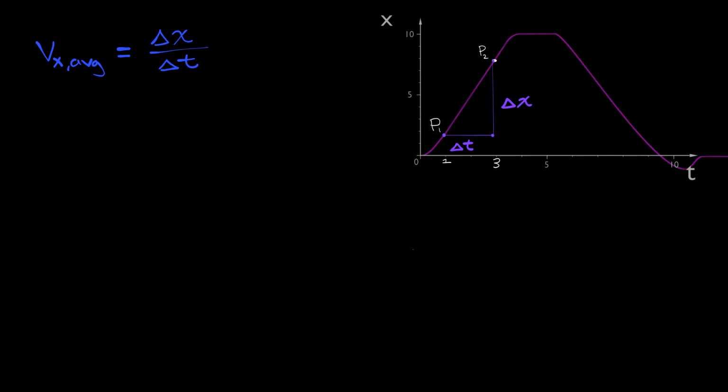What this is actually is just the slope of the line from P1 to P2. So remember that slope is the amount that you rise over the amount that you go across in a plot. It turns out that the average velocity between the points P1 and P2 is just the slope between those two points.